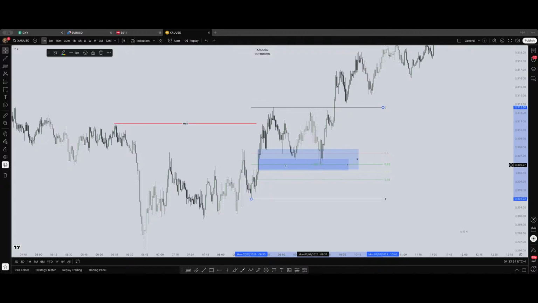We have enough confirmations, enough reasons. We have this 1 minute fair value gap below midpoint of the Fibonacci, which is this discount. So that's enough to enter in a long position.